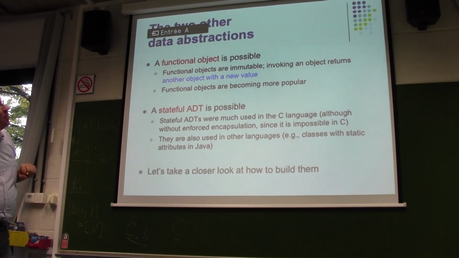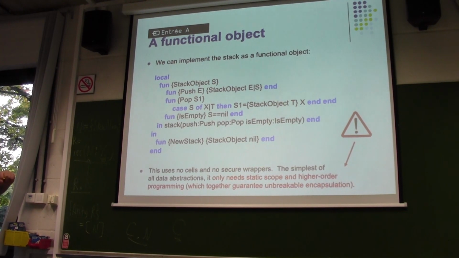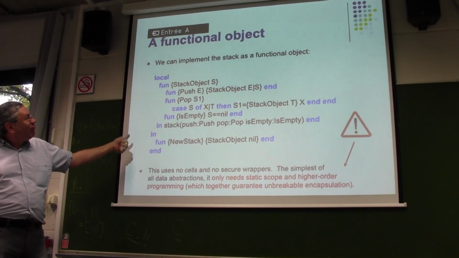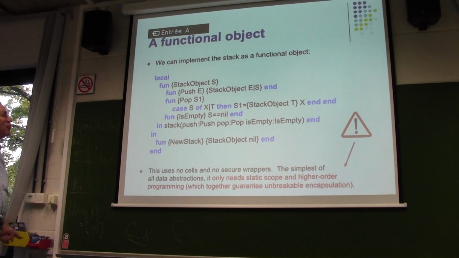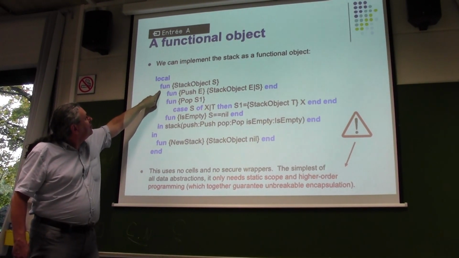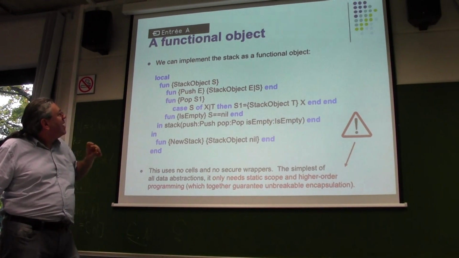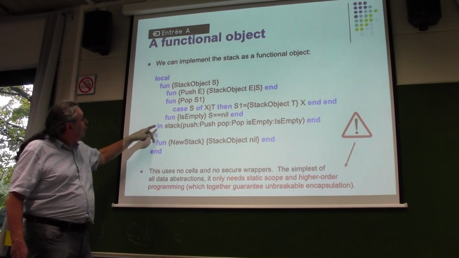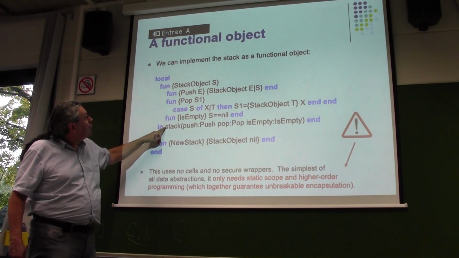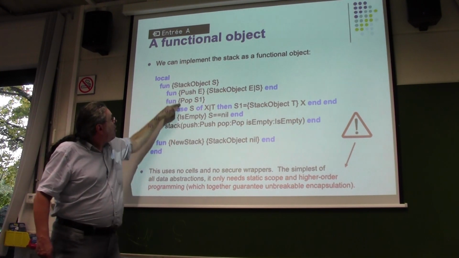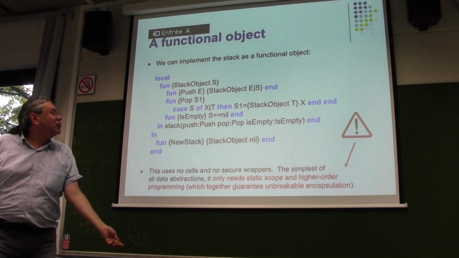Okay, let me show you the functional object. Now this is an amazing use of higher order programming. So I really recommend that you run this and try to use it. Now, how does it work? I have a function called stack object. And the argument is the value of the stack. And whenever I do one of these operations, the push and pop, it returns a new object.